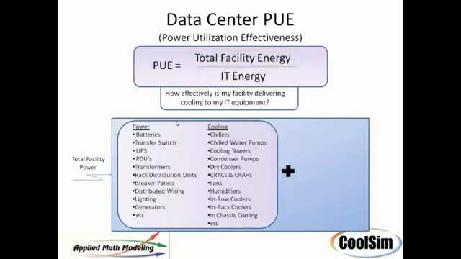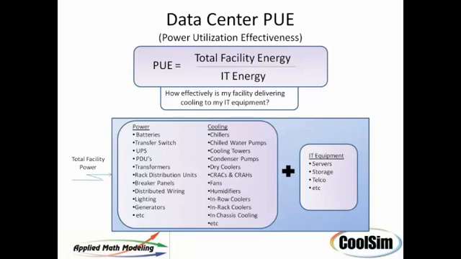So let me just review for some of you that may not be aware of these metrics. Magnus already has defined them a little bit. Let me just go back over them quickly. PUE is total facility energy over IT energy. The DCiE is the inverse of that. So what we're looking at here is total facility. That's everything.